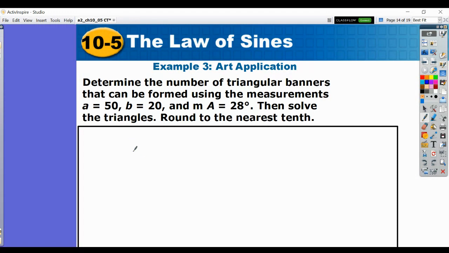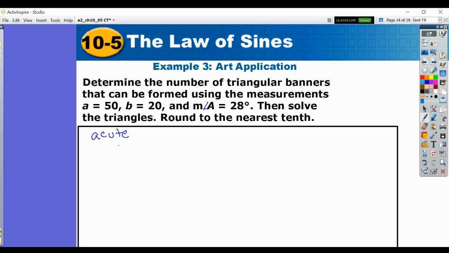Determine the number of triangles that can be formed using the measures: a is 50, b is 20, and the measure of angle A is 28. Then solve the triangles, round to the nearest tenth. So first of all, we've got to figure out how many triangles we have. They gave me angle A, side b, and side a. So angle A is an acute angle. So I'm going to look at my chart under acute angles.